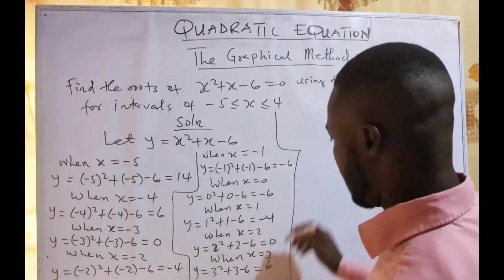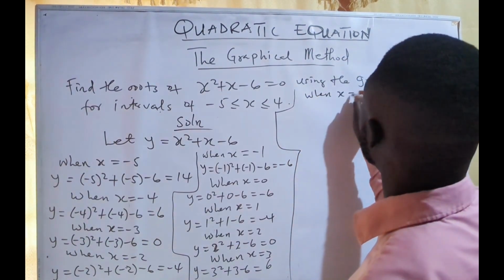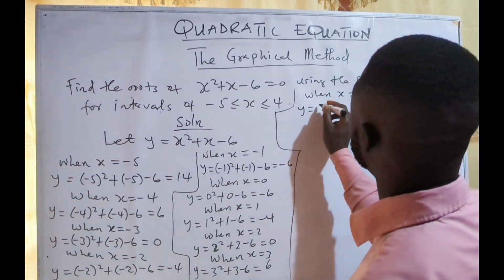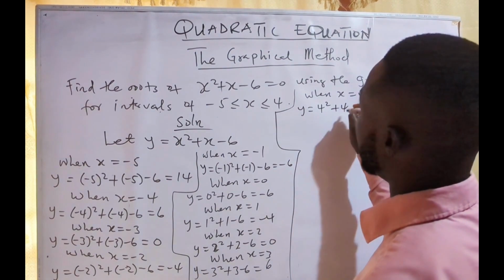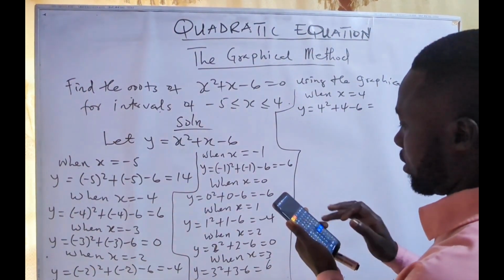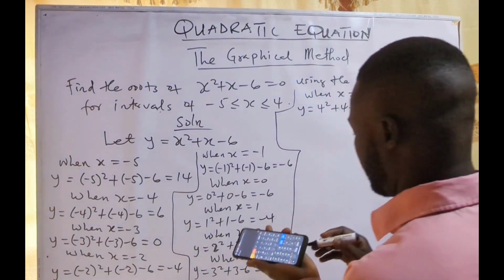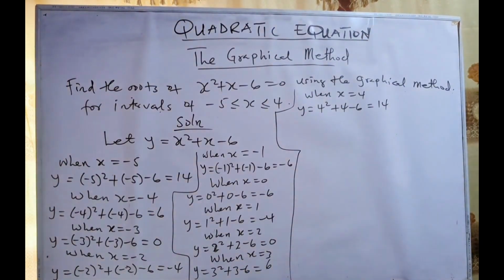We are not done. We are left with the last one. When x is equal to 4, y will be equal to what? 4 squared plus 4 minus 6. That will give us 14. So our y is going to give us 14.